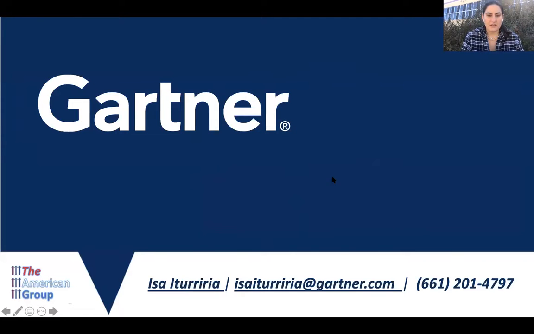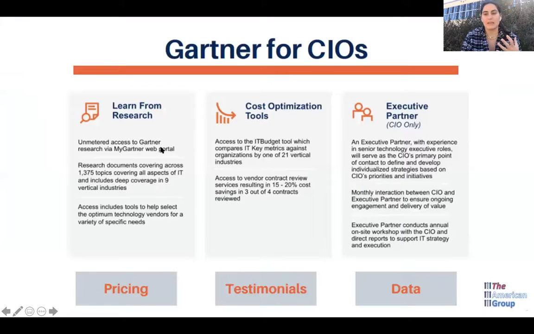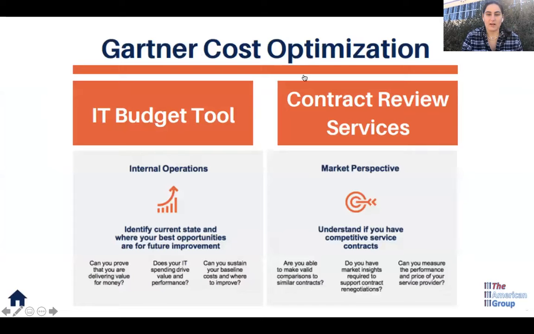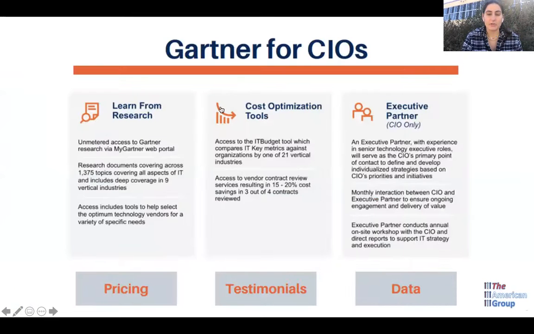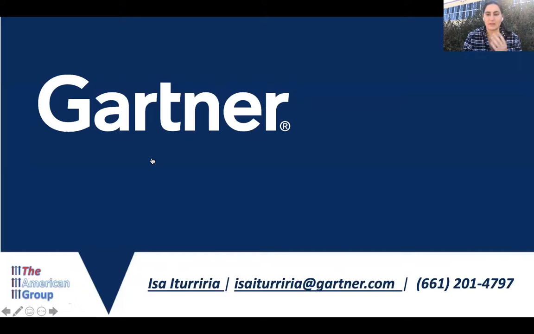Moving on to the main focal point of everything. We've got the pricing and testimony as data on the bottom, then the three main points: research, cost optimization, and executive partner. I have these all hyperlinked to jump back and forth with one another, based on where my needs identification comes, and I'm planning on doing that on this slide.